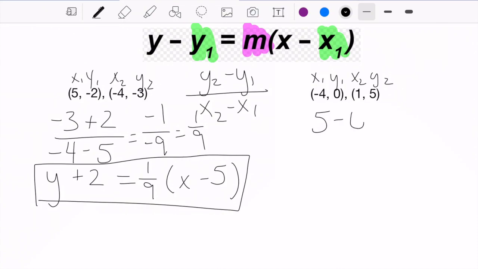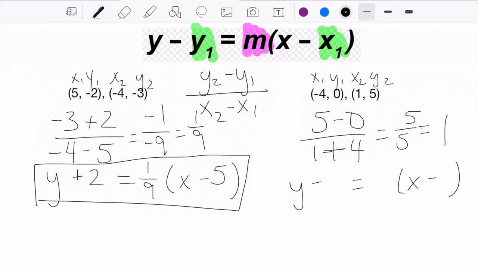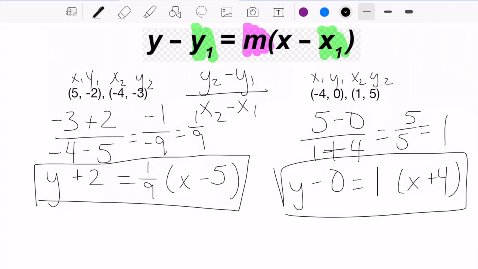So 5 minus 0 over 1 minus -4 becomes 5 over 5, or 1. So then I'm going to write everything that's not highlighted. 1 here, and then my x1 and my y1. And then I'll close out this lesson.